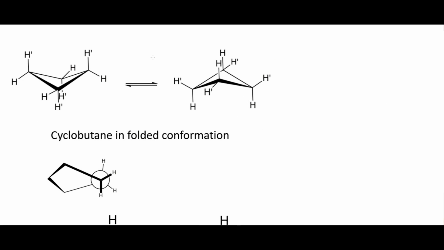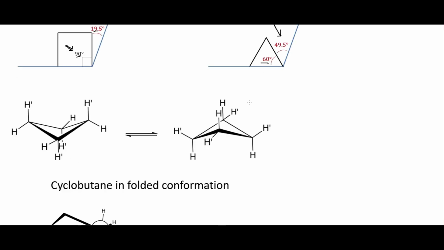So what we do see with cyclobutane to try and relieve some of that strain is that we get this sort of puckering going on here, where in 3 dimensions this carbon and this carbon will sort of stick out of the screen, while this one and this one sort of stick into the screen.